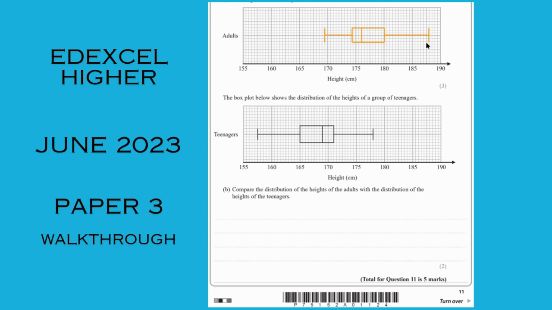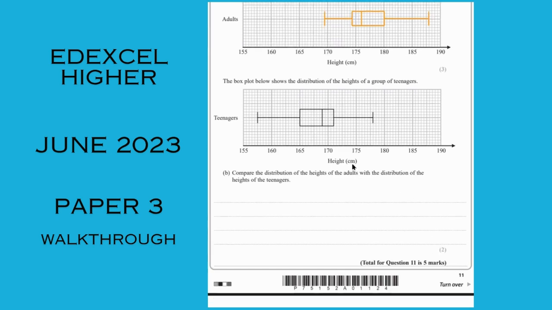Although comparing the range is valid, you don't want to be comparing 2 measures of spread. So make a sentence, do a calculation if you want about spread, but then make a comment about median. So median is the compulsory one; interquartile range and range, you take a choice over which one you go for, but keep them in different categories, 1 mark per category.